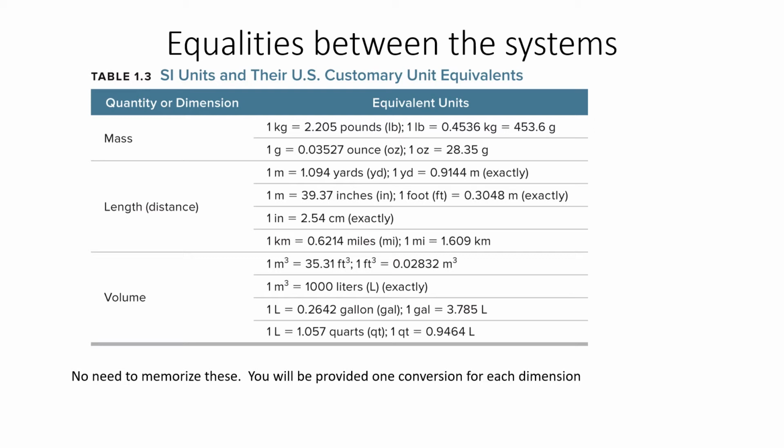So you'd get one for length, one for mass, one for volume. Then, because you already have other English to English conversions, as long as you know metric to metric conversions, you only ever need one of these equalities for each quantity or dimension. You don't need them all, because you can get to where you need to be using your knowledge of the metric system.